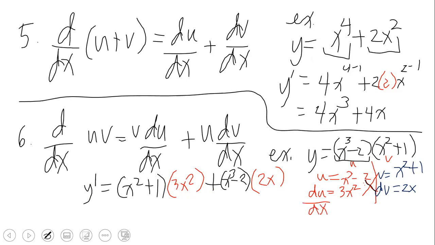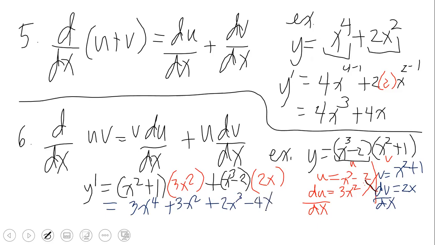du over dx, and the remaining part, which is dv over dx. So, simplify natin. So, it will become 3x to the fourth plus 3x squared plus 2x cubed minus 4x.